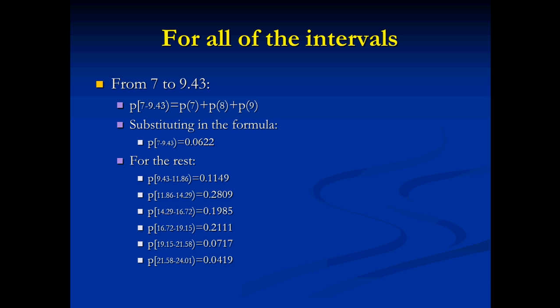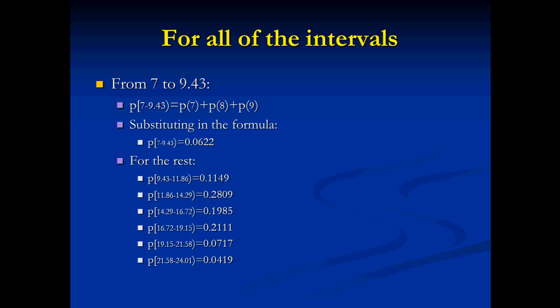For the rest, those are the estimated probabilities. This is just a probability. We are searching for the desired frequency, so we need to multiply this probability by the total number of data. If we have 50 values and there is a probability of 0.0622 that these values are between 7 and 9.43, how many of these 50 numbers are going to be in this interval?